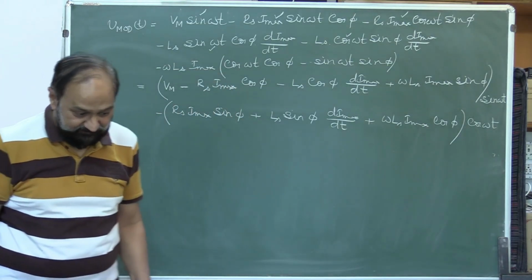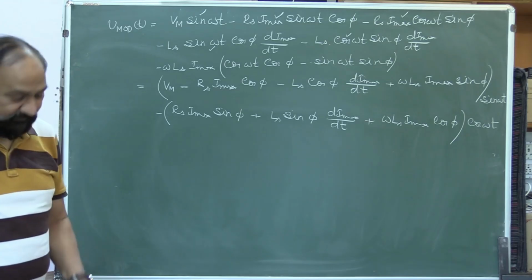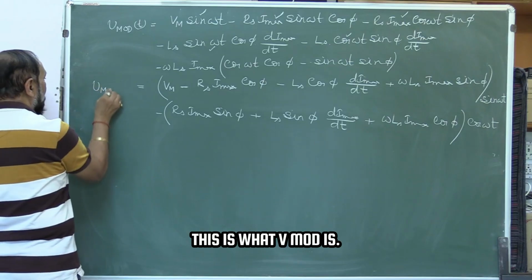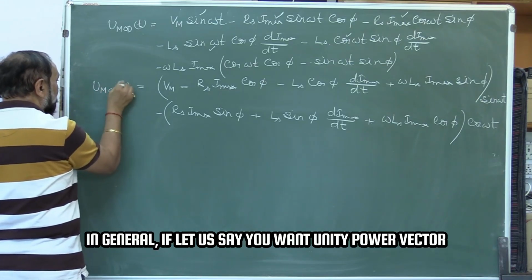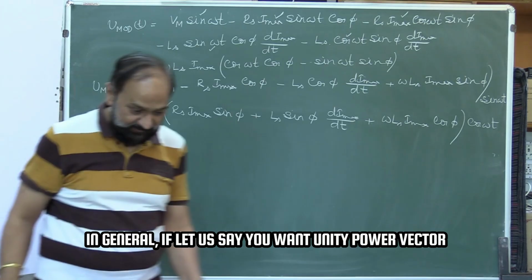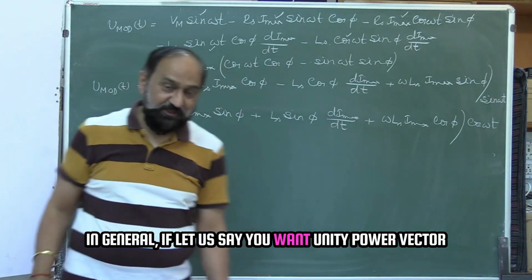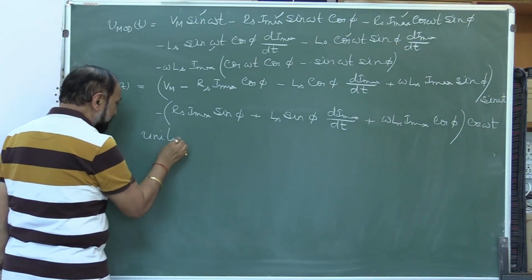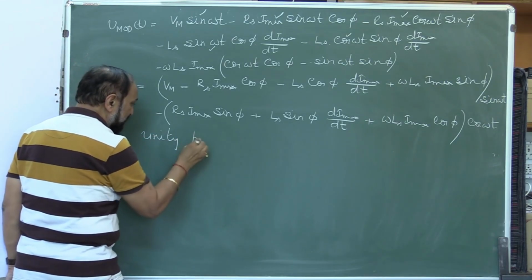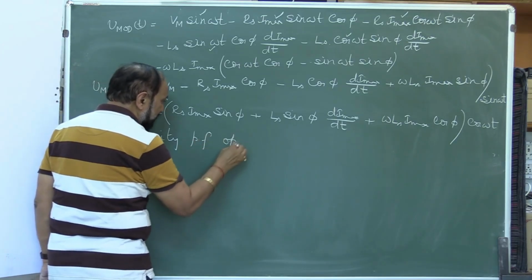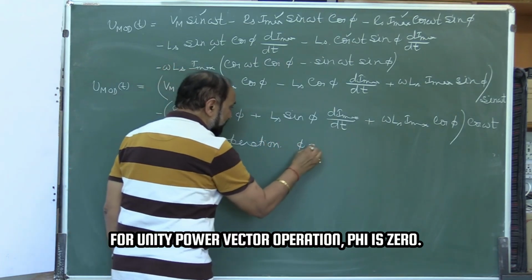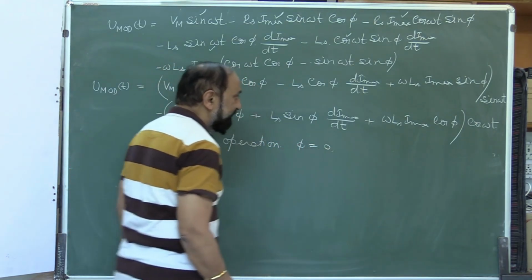This is what V mod is in general. Let us say you want unity power factor. For unity power factor operation, phi is 0.